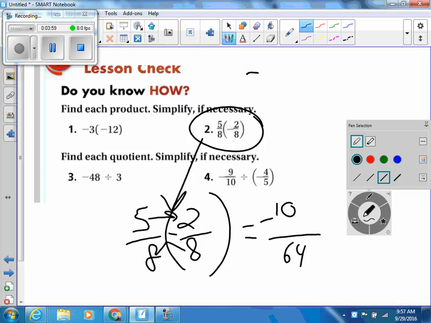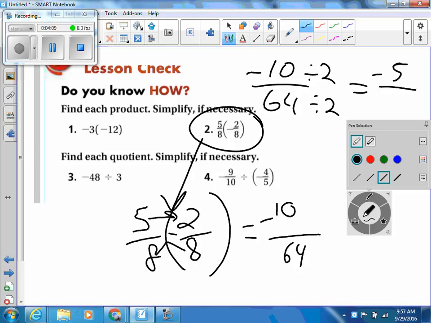So I can take -10 over 64, divide by 2, and I get -5 over 64 divided by 2, do the math. It gives me 32, is that correct? Yes, it is. I started with a fraction, I end with a fraction. Please do not give me no decimal. Okay? I will mark it wrong.